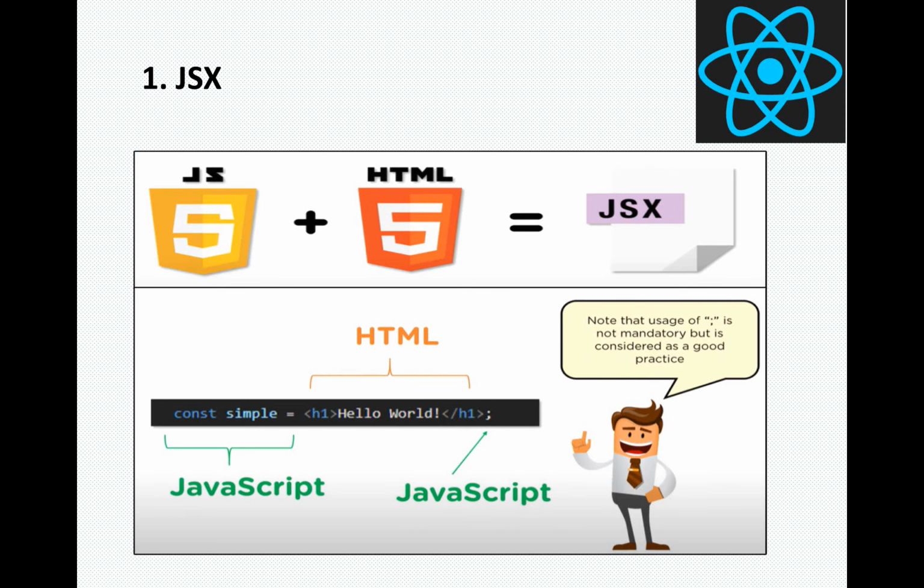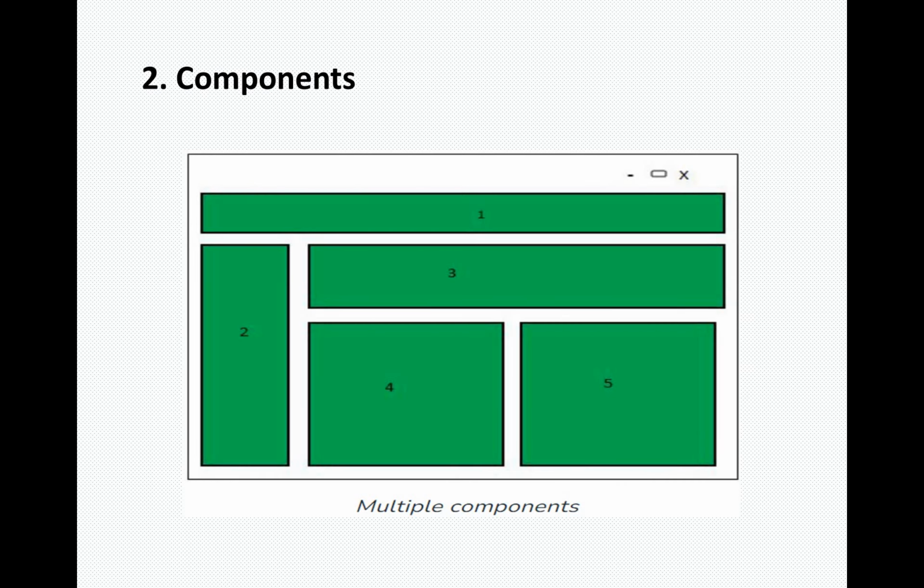Okay. Now coming to the next feature, component. Component is a key feature of React. It is a single page application where we can have multiple components. One page would work across the application, but on that you can have multiple components. In this slide, you can see the first one is the header, two is the left navigation side where you can put something, and then on three you have another component, and fourth and fifth.